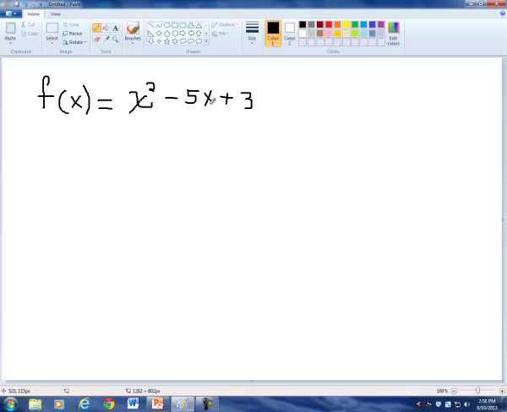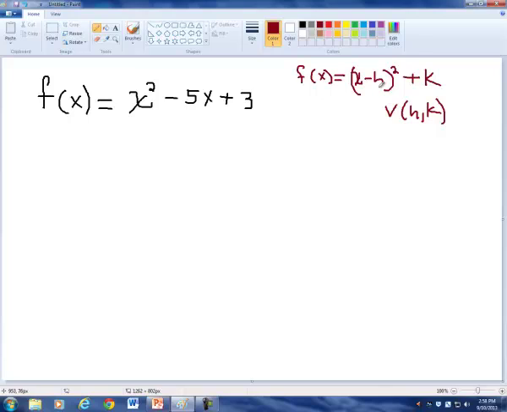Okay, what we have to do here is get it into the general form of f of x equals x minus h, parentheses squared, plus k, where the vertex is h, k.